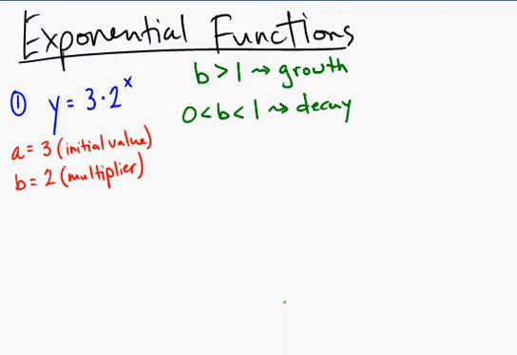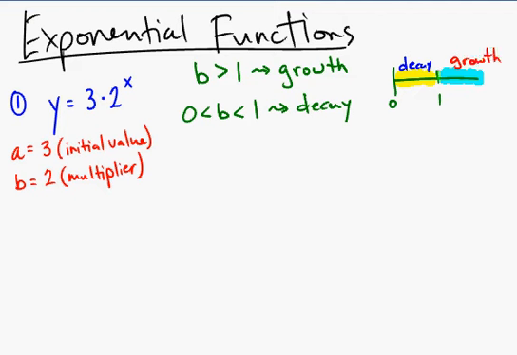The b is either between 0 and 1 or greater than 1. So if you wanted to see that on a little chart, it would look like this. If b is in here, that is decay. If b is over here, that is growth.